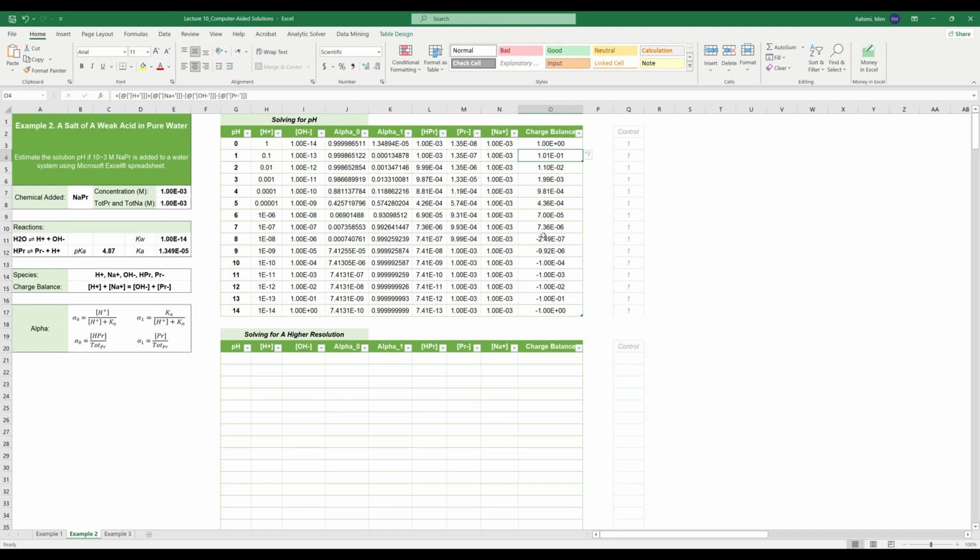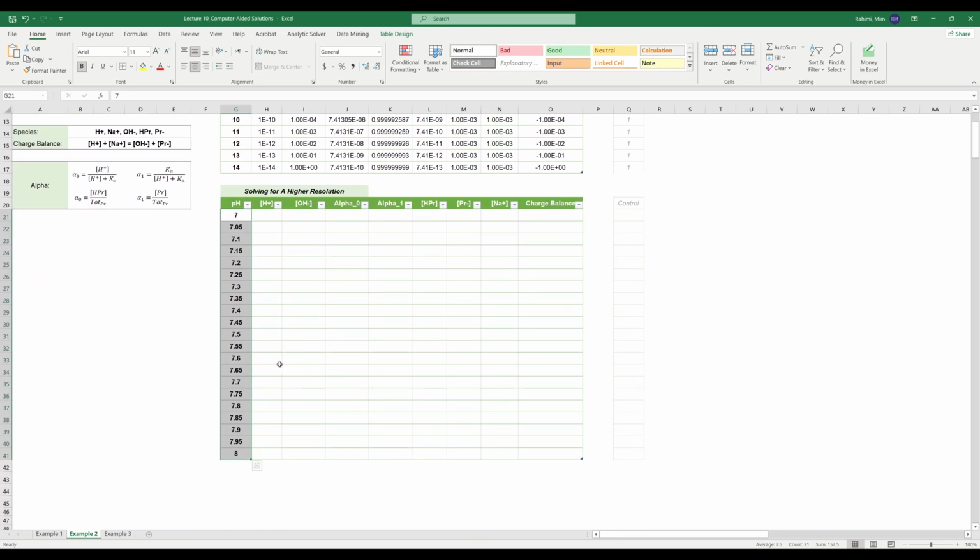It seems it's happening between 7 and 8, going from a positive number to a negative number. So equal to 0 must be hidden somewhere here, and we are focusing on the range between 7 and 8.